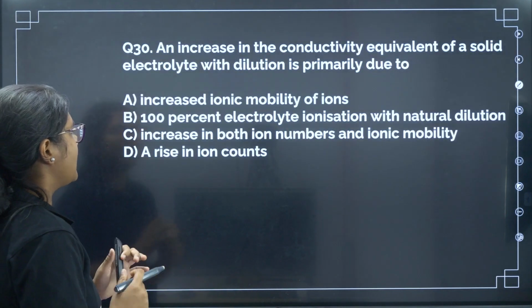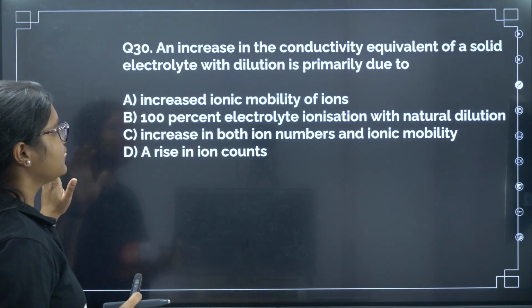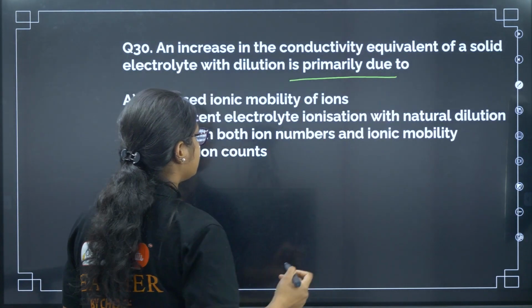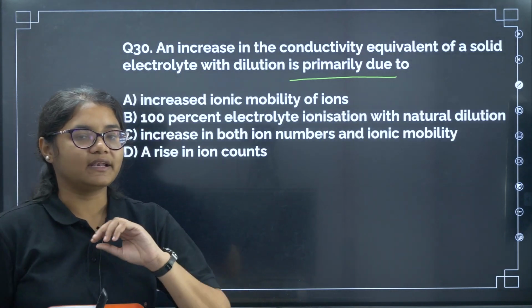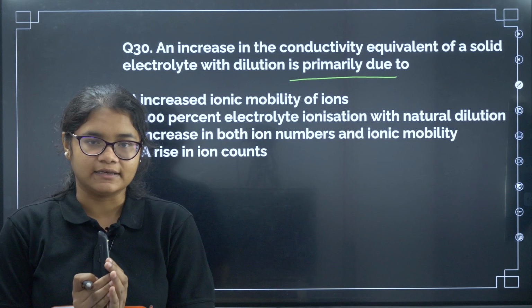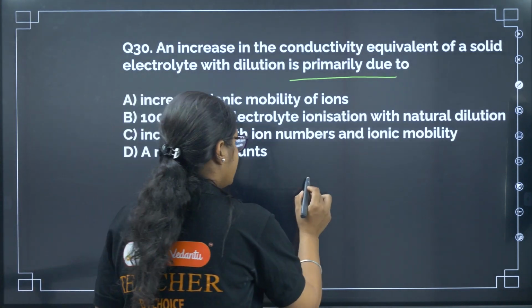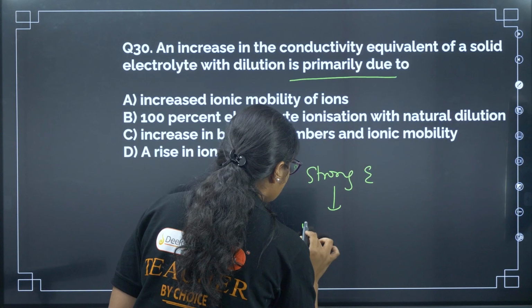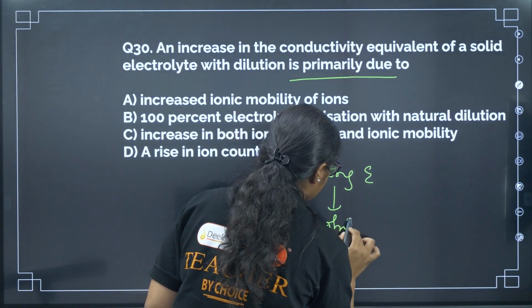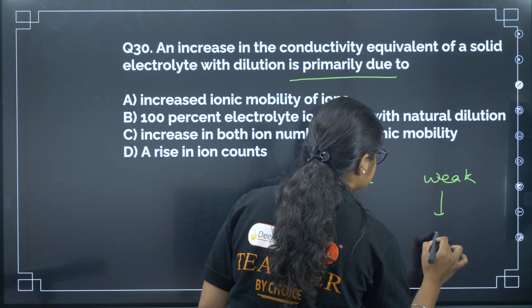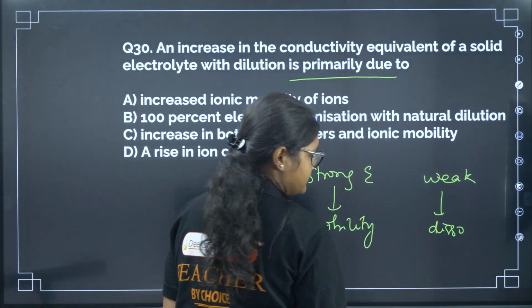And the last question: an increase in the molar conductivity or the equivalent conductivity of an electrolyte with dilution is primarily due to? So there are two things. Whenever we dilute the electrolyte, molar conductivity always increases, right? For a strong electrolyte, it increases because the mobility of the ions increases, and for a weak electrolyte, it increases because the dissociation of the ions increases, right?